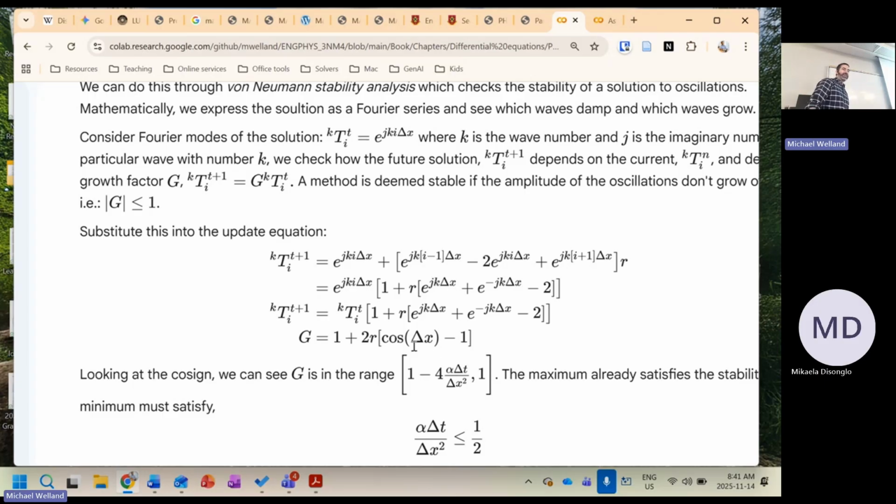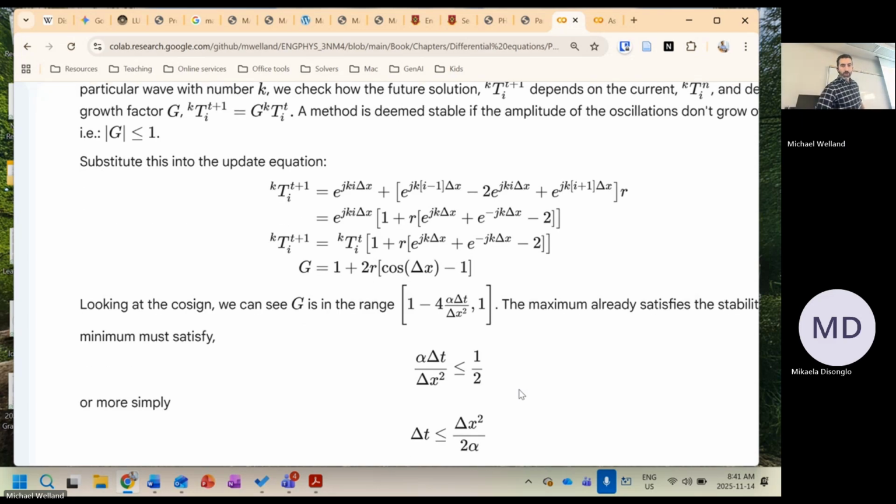On the other side, if your cos delta x is -1, then you've got -1 minus another 1, so -2, and this turns into this guy. All this is a fancy way to get around to this condition.